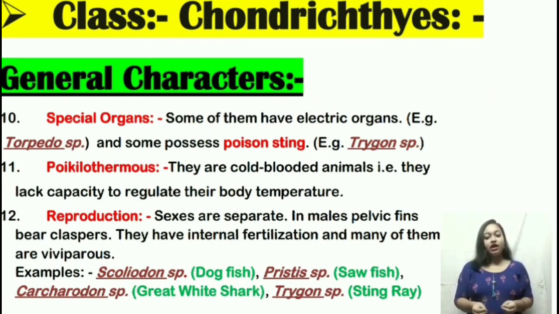Then they are poikilothermous, so they lack constant body temperature; they are cold blooded. The blood is very cold. Then the last point is reproduction. Their sexes are separate.